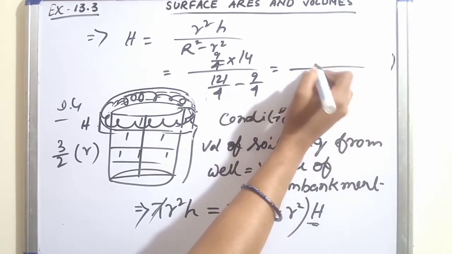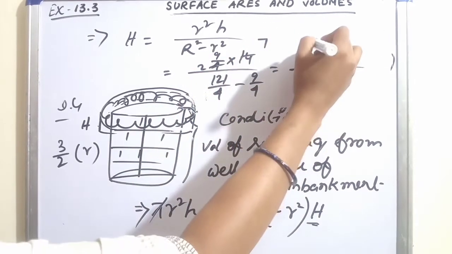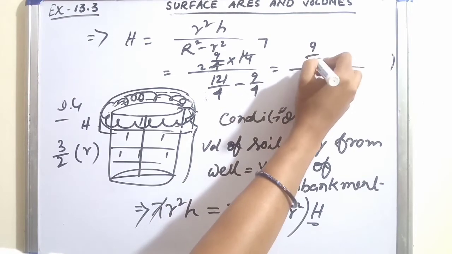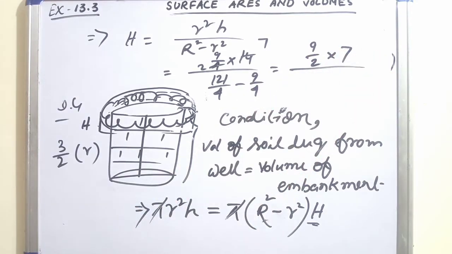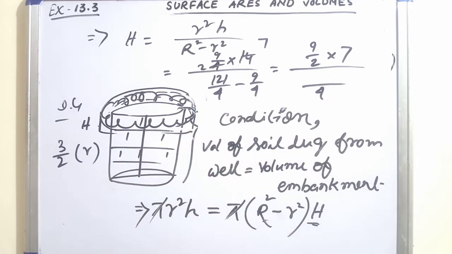This is equal to 9 by 2 into 7, and this is 4, 121 minus 9, that means 112.